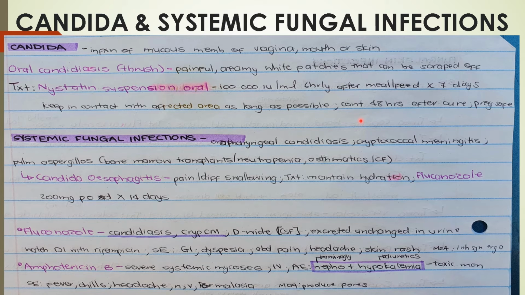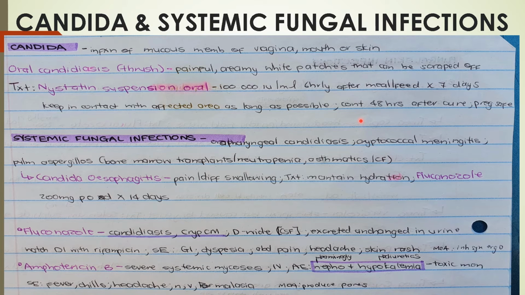After the lesions have been removed, you must continue for 2 more days to make sure it's completely destroyed, and it's pregnancy safe. Sometimes even babies are given this, but in a very controlled environment.